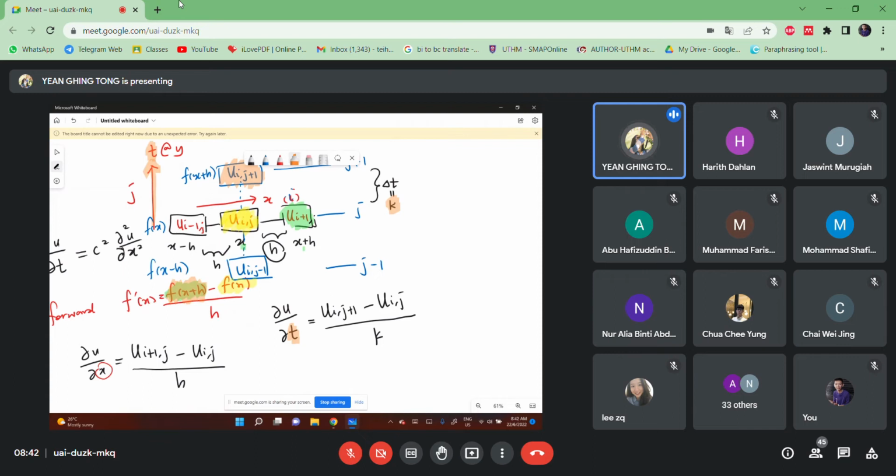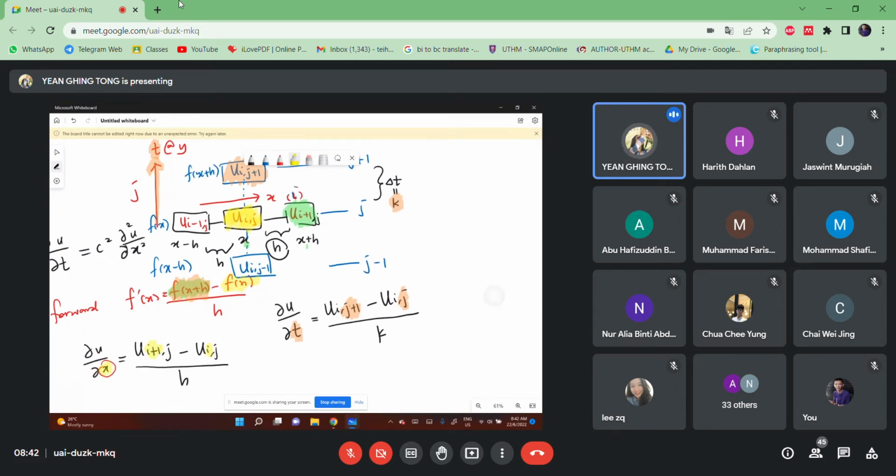What is different is when it is the partial derivative of U with respect to T, this J akan berubah. If the partial derivative of U with respect to X, that means I akan berubah. So this is a forward, 2-point forward. We even can use 2-point backward, 3-point center.